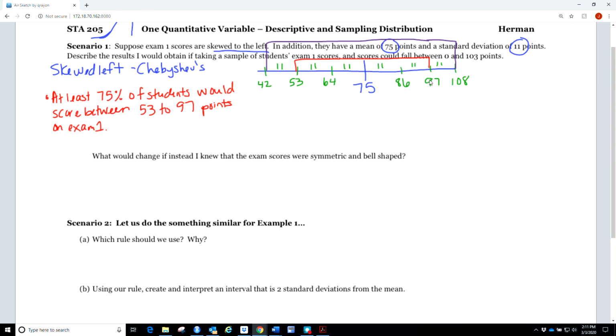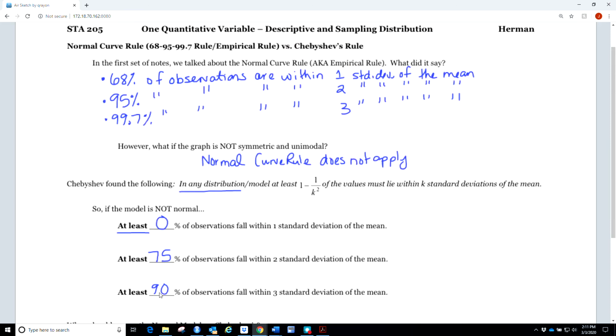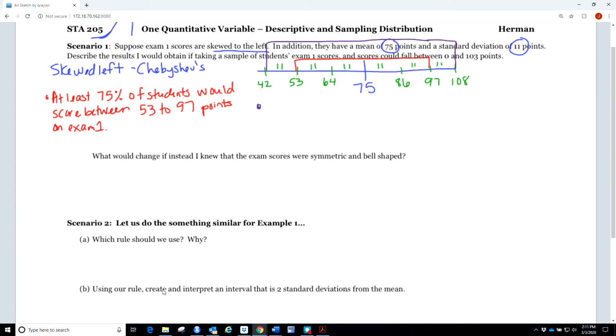Now, let's do the 3 standard deviations out. So the 3 standard deviations out for Chebyshev's will be at least 90% of our students would score between 42 and, well, based upon the math I did up here, I would like to say 108.